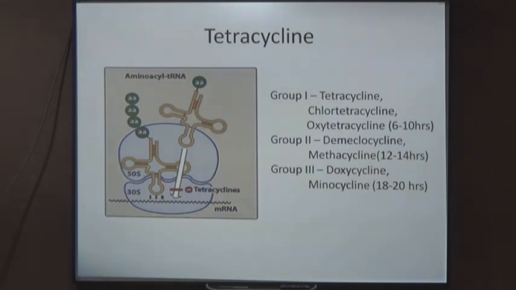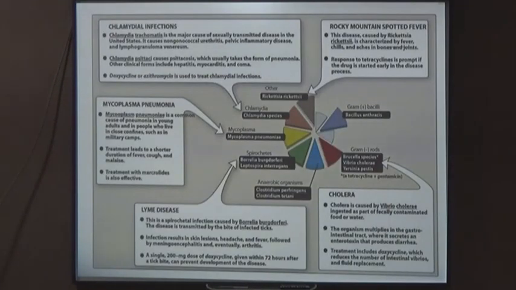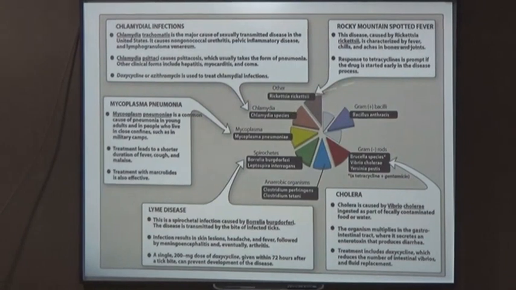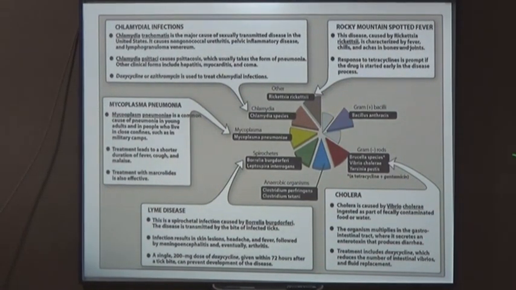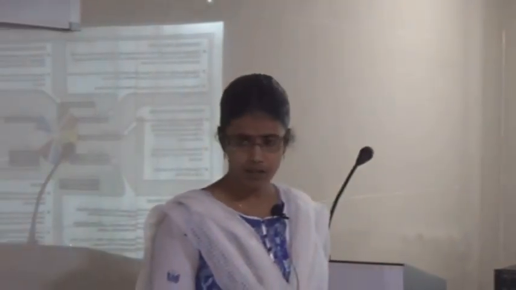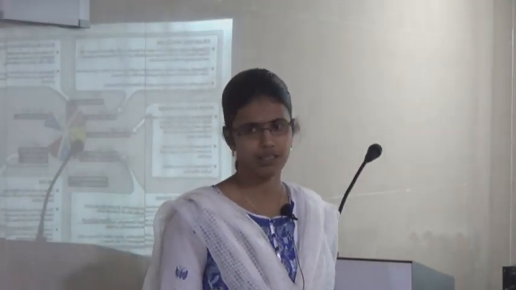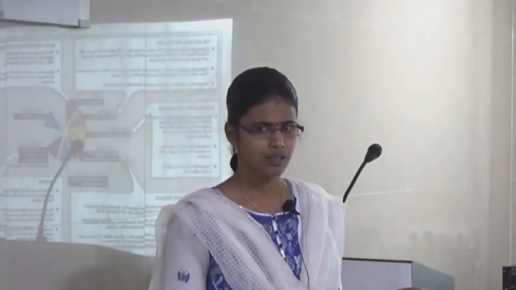Tetracycline is a broad spectrum antibiotic, covering many organisms, gram positive and gram negative: gram positive Bacillus anthracis, and gram negative Brucella, Vibrio cholerae, Yersinia pestis, and anaerobic infections also. It covers Clostridium perfringens and Clostridium tetani, but it will not cover Clostridium difficile, which is covered by vancomycin.